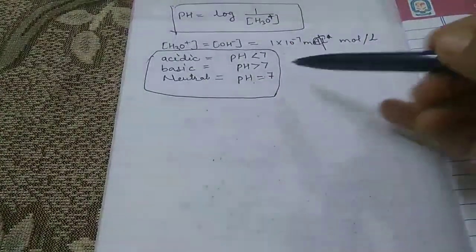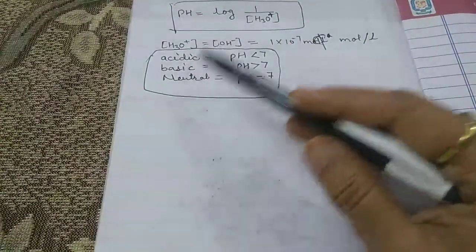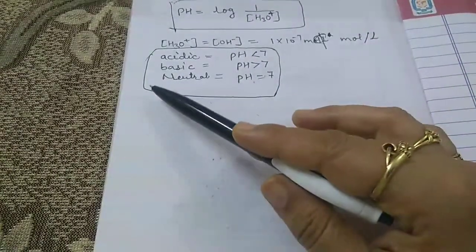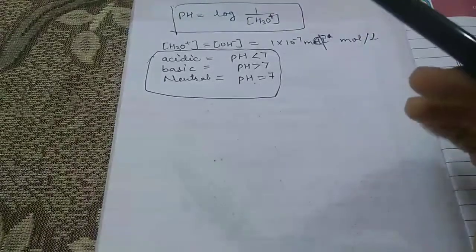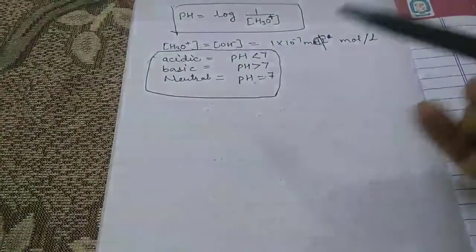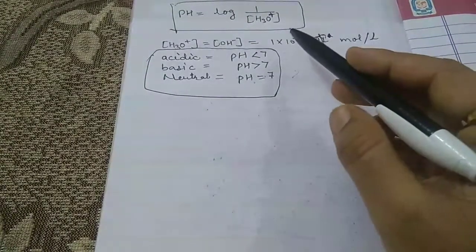The solutions having pH between 0 to 2 are strongly acidic, and with pH between 2 to 4 are moderately acidic.